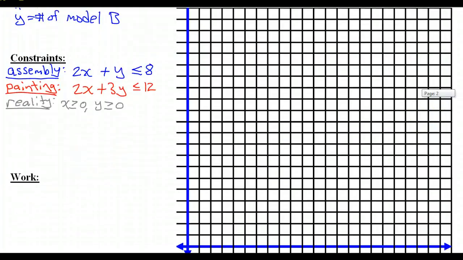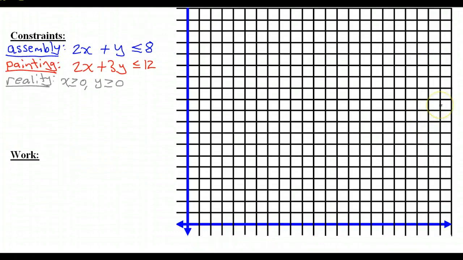All right, let's work the constraints and graph them. Let's start with the assembly that I've shown in blue. We have 2x plus y is less than or equal to 8. Subtracting 2x from both sides gives me y is less than or equal to negative 2x plus 8.